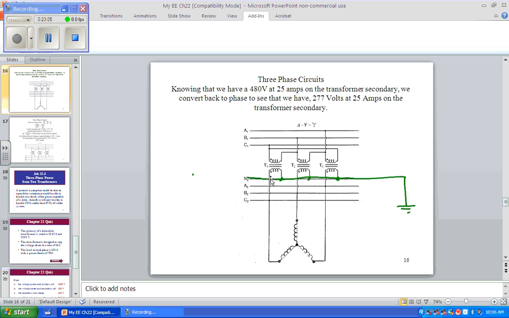So our phase is A phase, B phase, C phase.